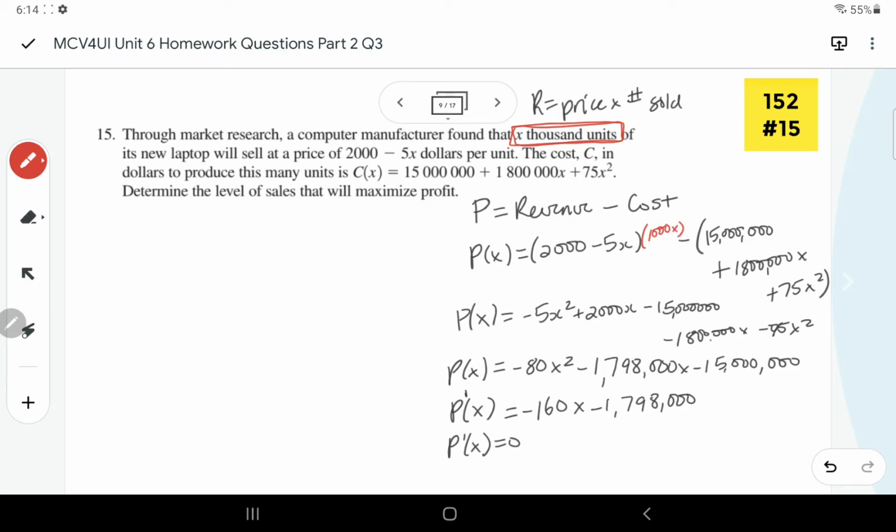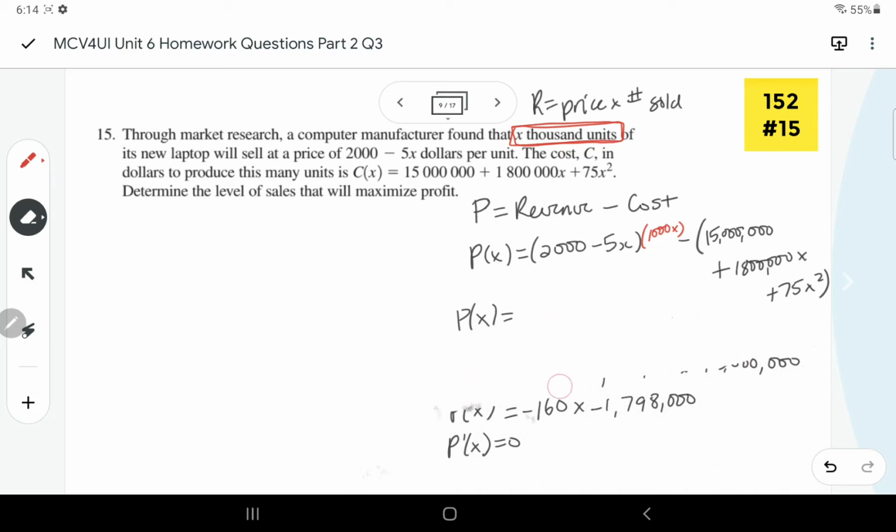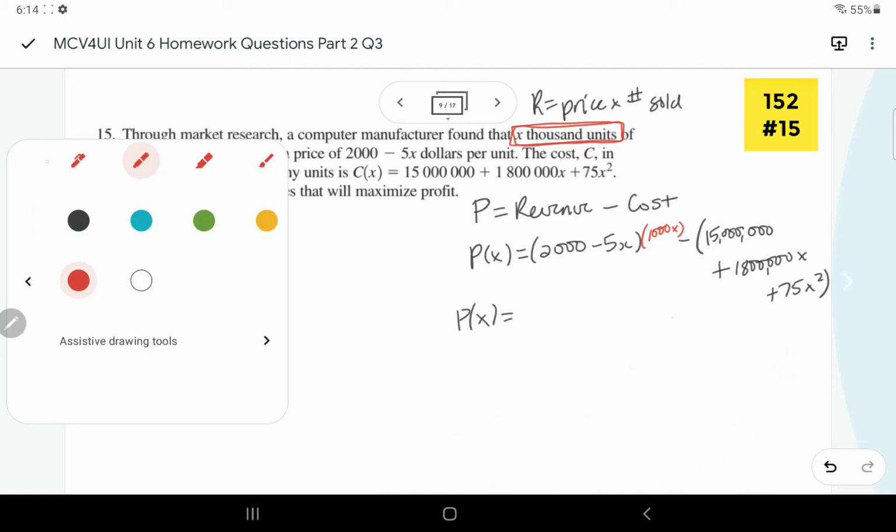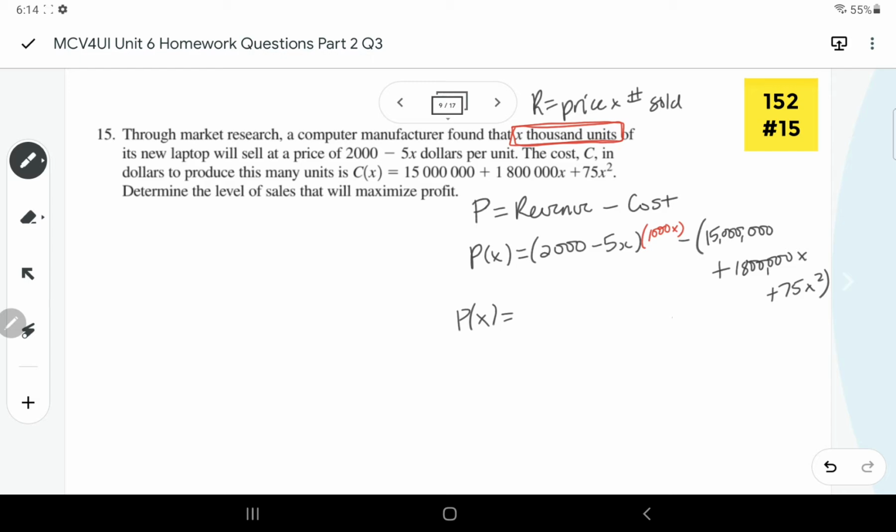So they're going to sell 1,000 times whatever that x is, and that's going to be the price. So I needed to have a 1,000 in there, which really changes my expression for my profit, because I was getting a negative number of sales when I went to solve that, and I thought that cannot be right.